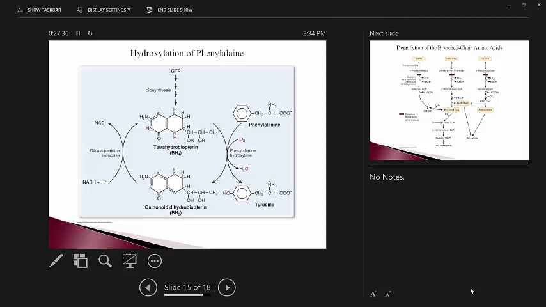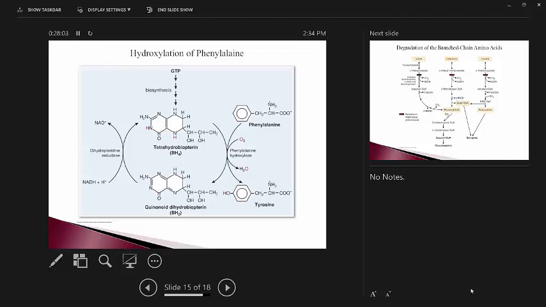Once again, in this case, I have a reductase. The reducing agent is tetrahydrobiopterin. It donates two of its hydrogens, H2, and it gets converted to quinonoid dihydrobiopterin. Biopterin, thank you, ma'am.